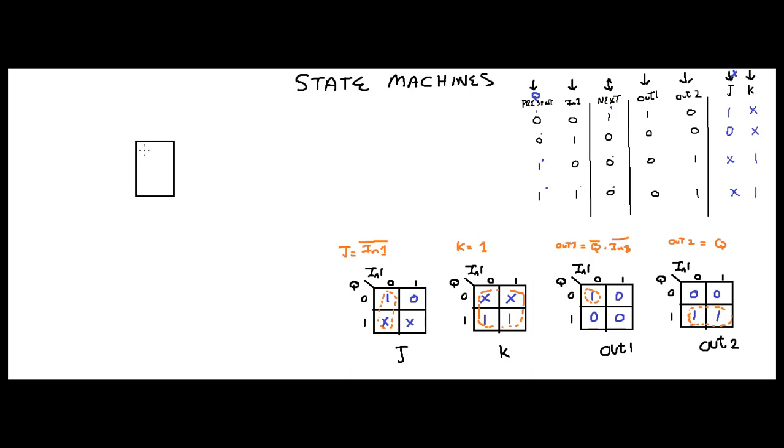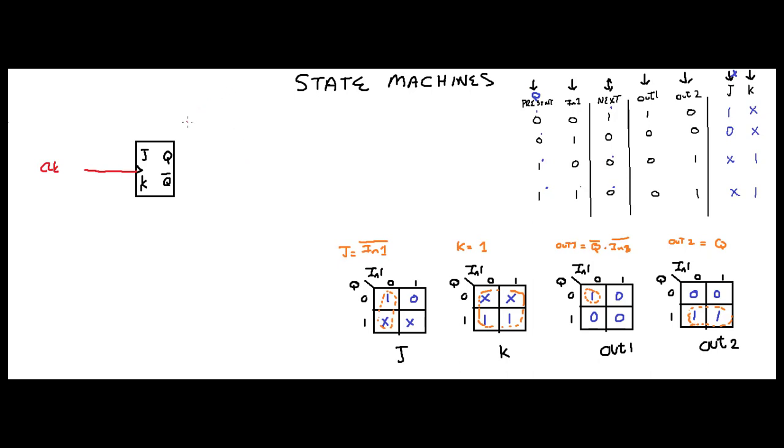You have a J, you have a K, you have a clock, and you have a Q and a Q bar. You have a set and preset, but I'm not going to draw those. So as usual, I'm just going to take a red wire, and that's your clock. Got it?